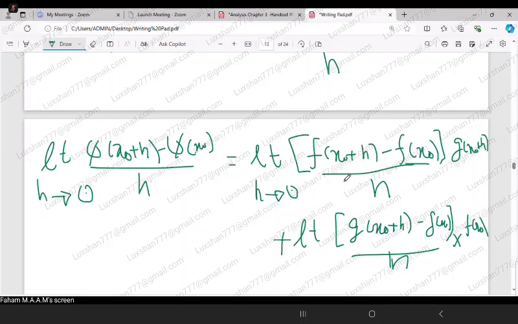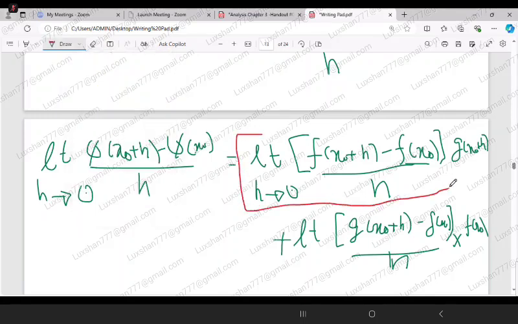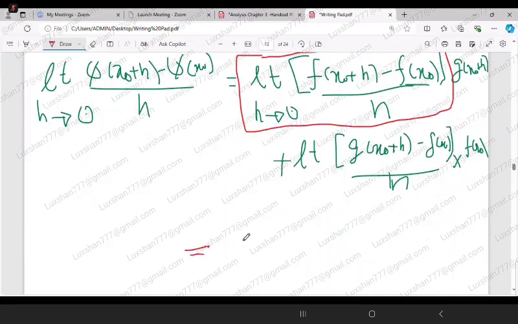So this is what actually, according to the definition, yeah, it's correct now. This is nothing but f dash x naught.